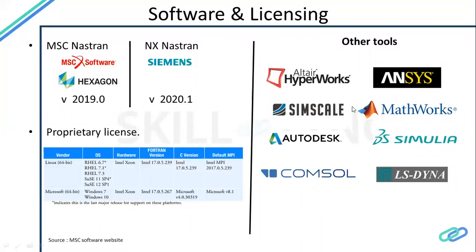SimScale is a recent, new company which came into the industry. MathWorks, which makes MATLAB, and Autodesk, Simulia, COMSOL, LS-DYNA. These are all the companies competing with Nastran, and they have all the capabilities which Nastran has.